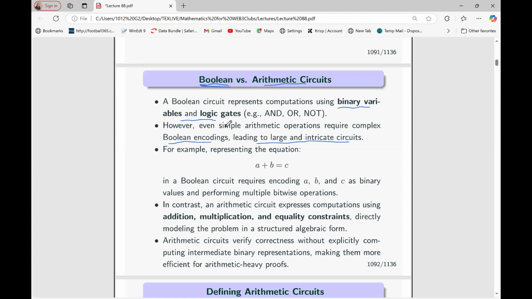operation, for that, if you're doing a computation you want to verify, you have to convert to binary, and so that would make the process work.